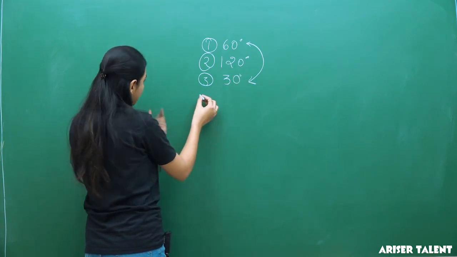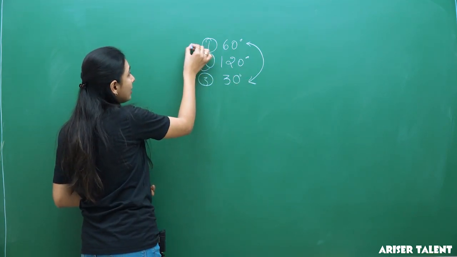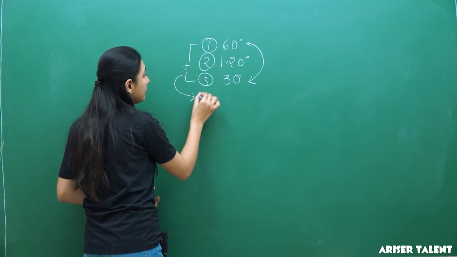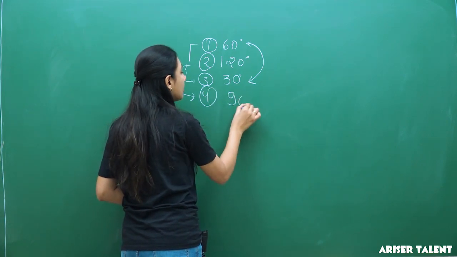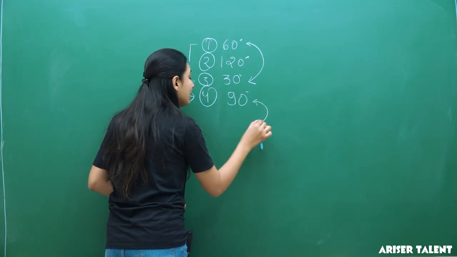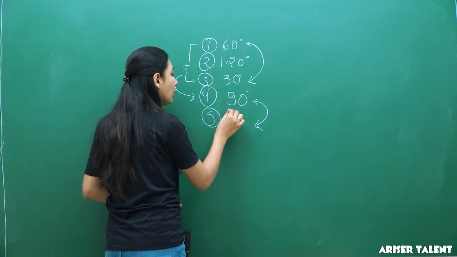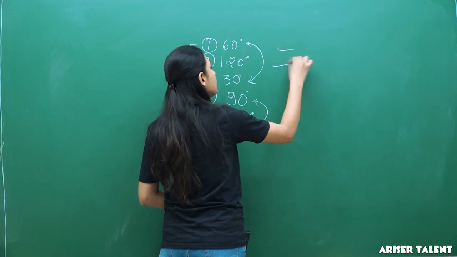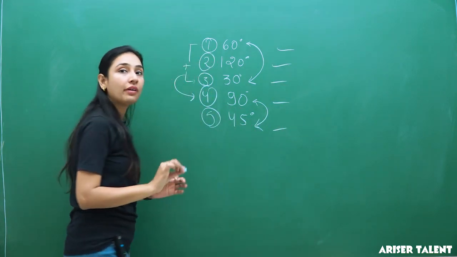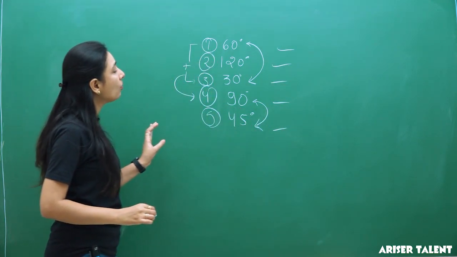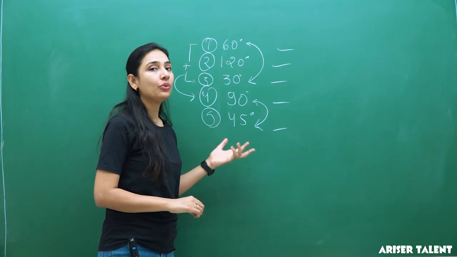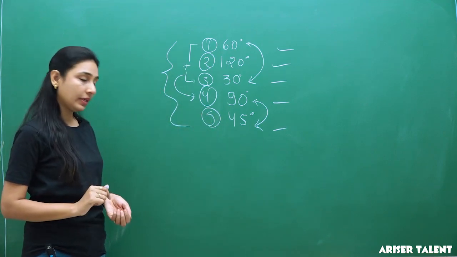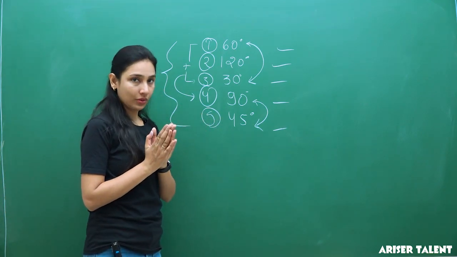Okay, then by this plus this, what we get? 90 degree angle. By bisecting 90 degree angle, what we got? 45 degree angle. So these angles 1, 2, 3, 4, 5. These 5 angles are now what we know about how to construct them. Okay, so we have gone through these 5 angles. Okay, and you know the procedure now, right?